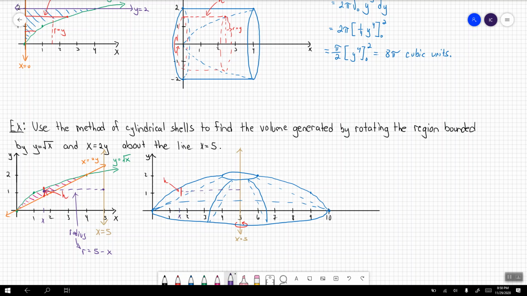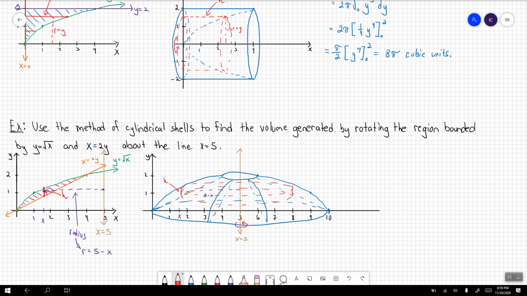We do some x value, therefore the radius becomes 5 minus x. A cylindrical shell is then created here. There we are. And the height.